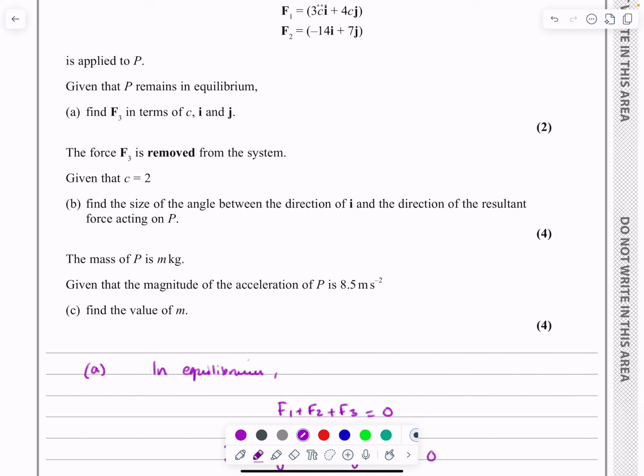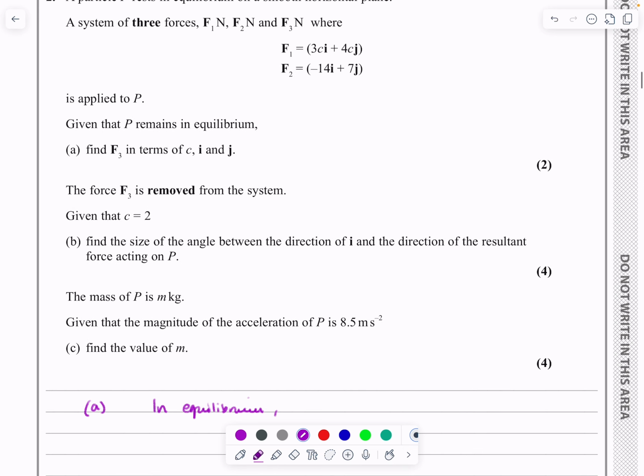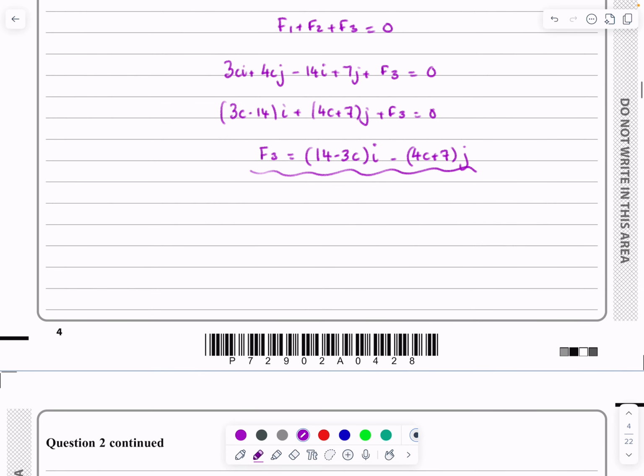It then says, situation changes, F3 is removed from the system, and we're told that C is equal to 2. And then it says find the size of the angle between i and the direction of the resultant force. Okay, well, it means find the resultant force first of all, doesn't it? So for part B, the resultant force is going to be F1 plus F2 now.